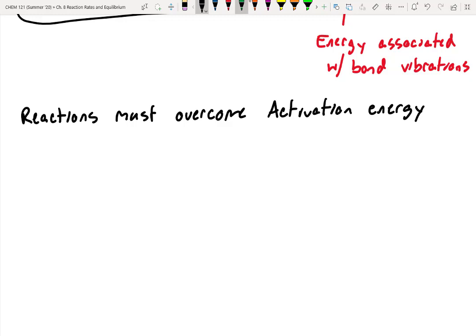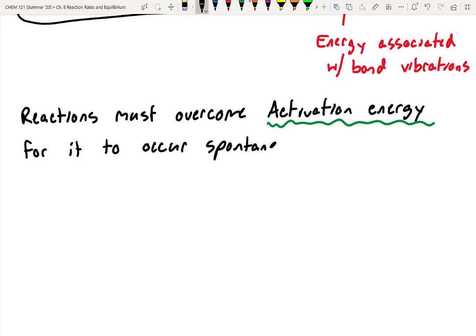So you've got to nudge it over that barrier. So we have to overcome activation energy for it to occur spontaneously. All right, so this requires an initial nudge of energy.